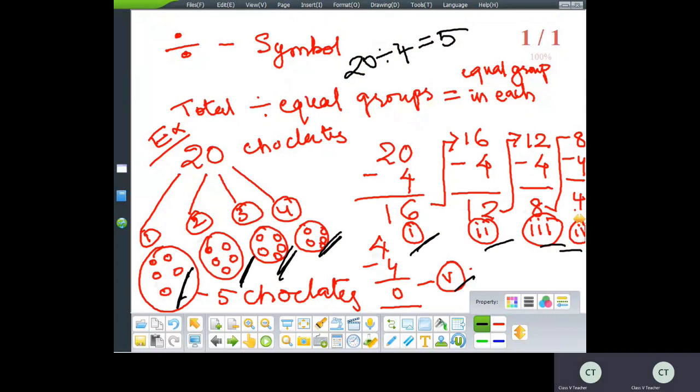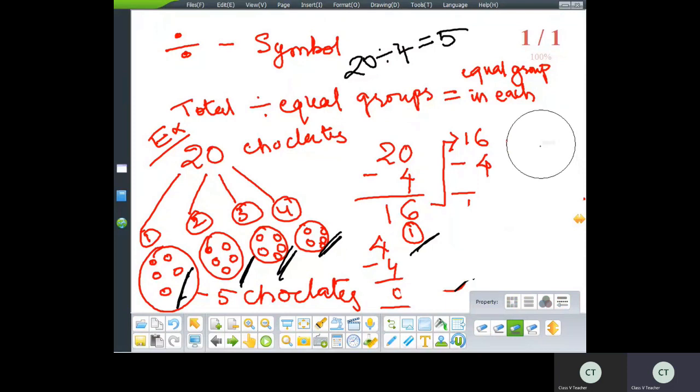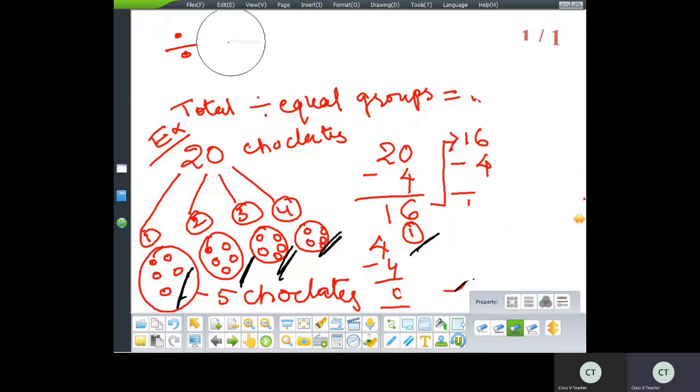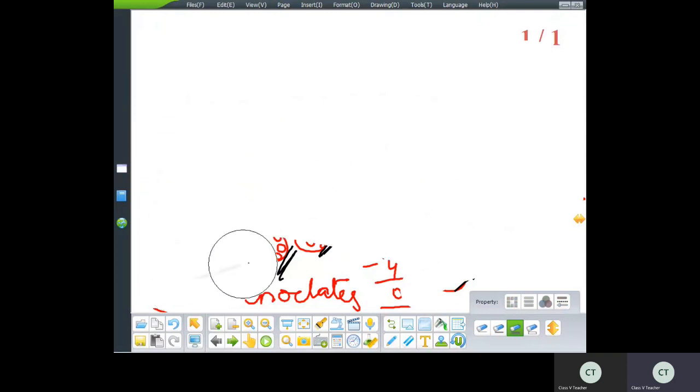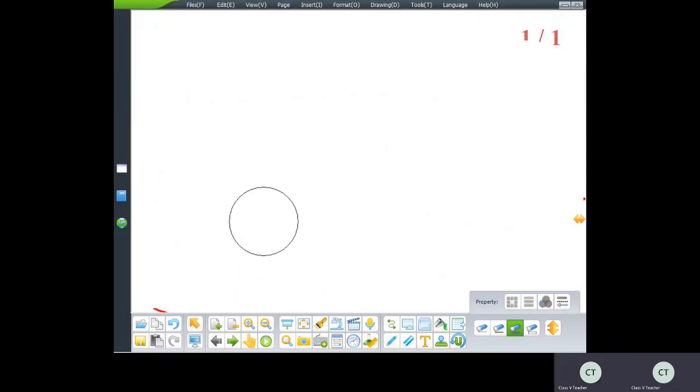Now let us go on with the division method. These are the normal methods. Now let me show you the actual division method you have to use to solve this problem. Let me erase this one, children. Now 20 divided by 4.